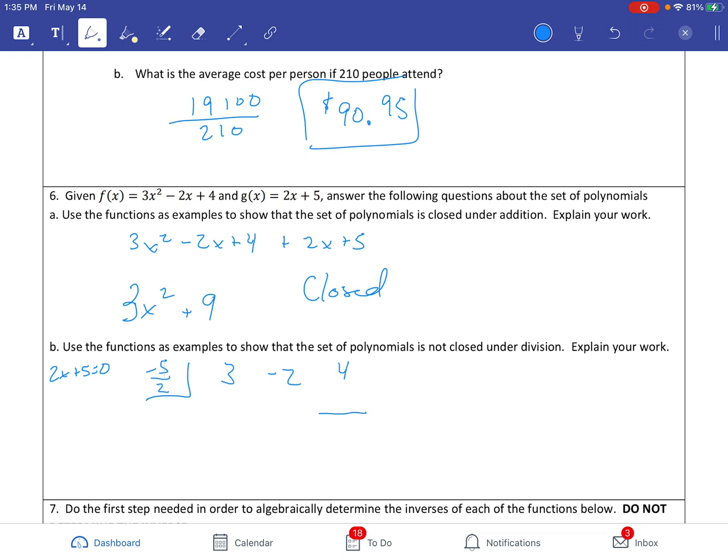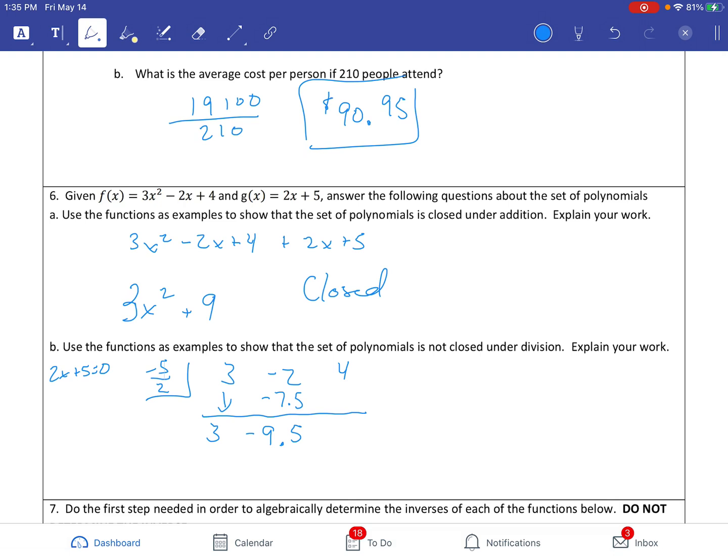Okay, so this is going to involve a calculator. Drop the first number, you get a 3. 3 times negative 5 over 2 is negative 7.5, minus 2 gives you negative 9.5.